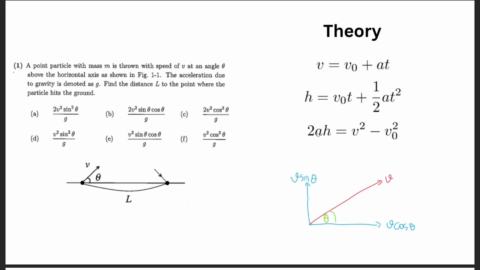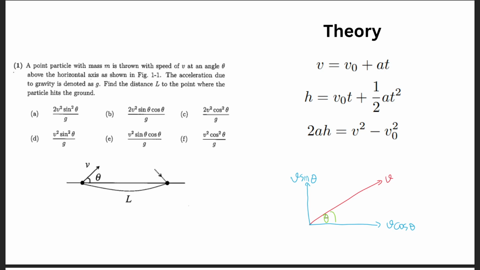And for the third equation, to remember this more easily, you can write 2a times the distance is equal to the v final squared minus v initial squared. And you have to know that when something is moving diagonally, you can see it as the horizontal component and the vertical component.